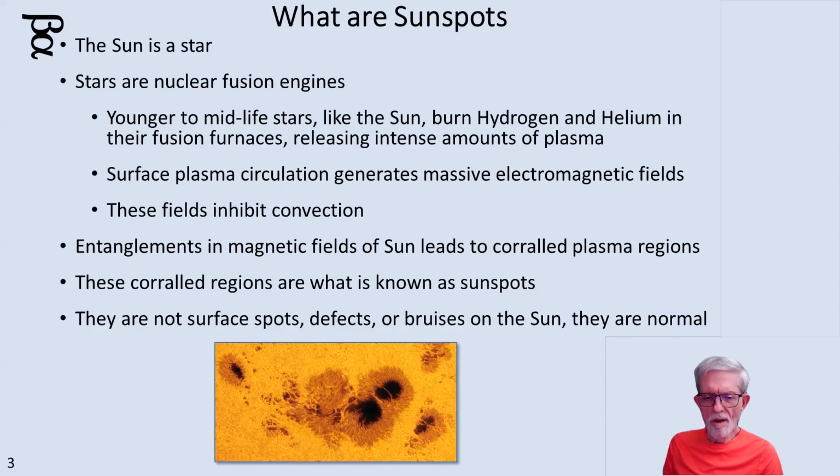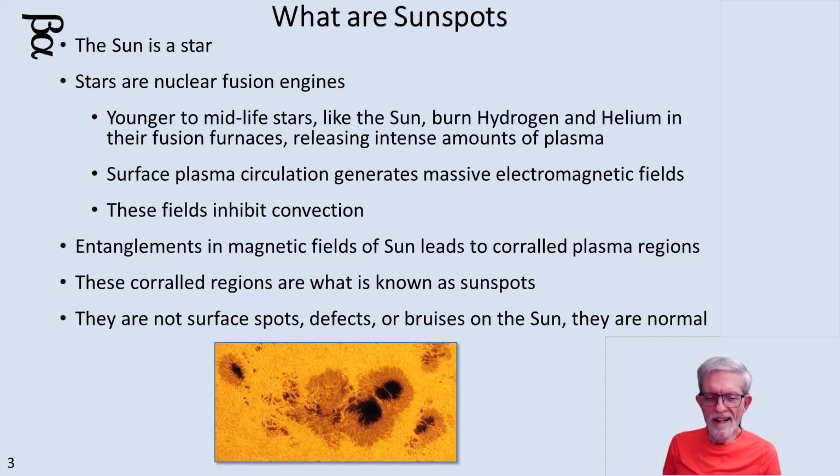It's what is known as corralled plasma. The magnetic field gets wrapped around itself and holds the plasma beneath it in a constrained area, and therefore it cools down. As it cools down, we get these things called sunspots.